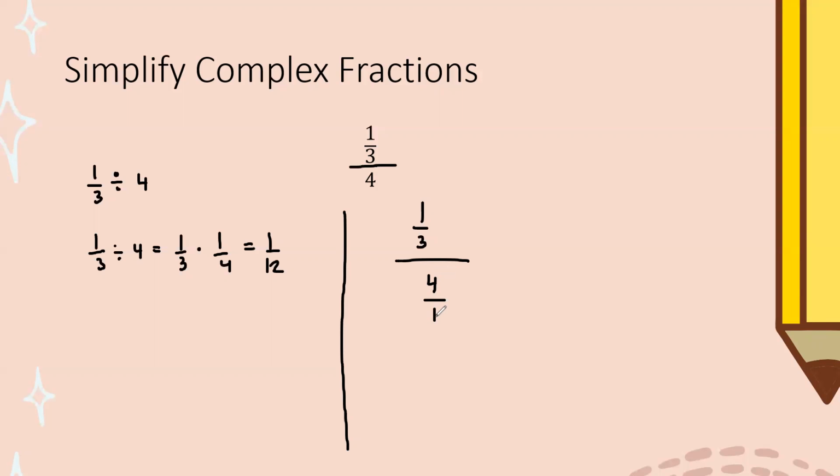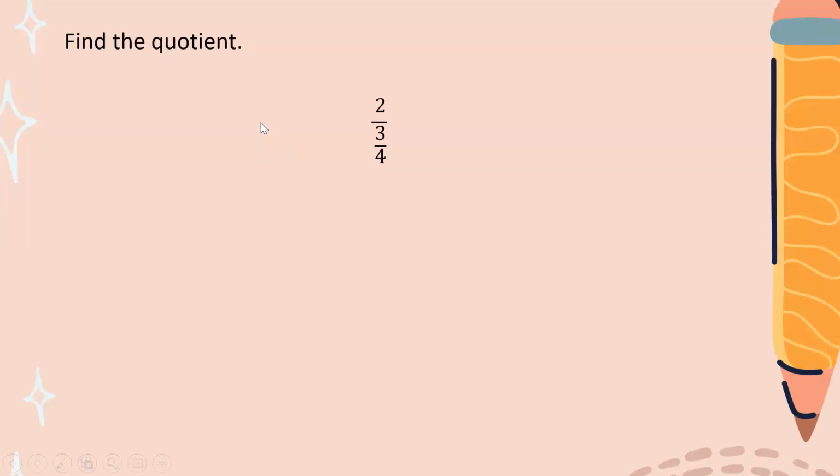So I can write it over 1, and I flip this fraction and I multiply it by the first one. So 1/3 times 1/4, and I essentially flip this. And that's exactly what we're doing here. But here we're using our division rule.